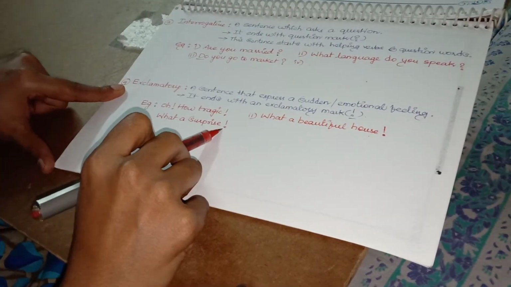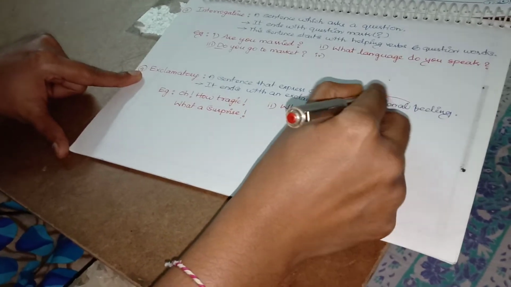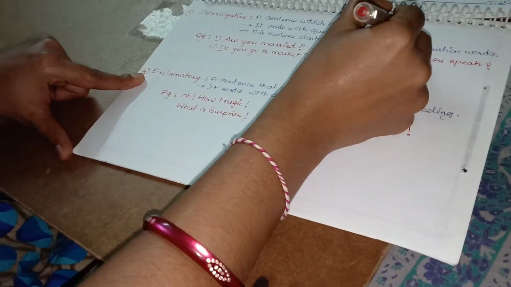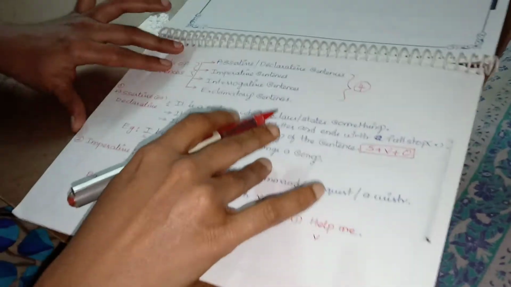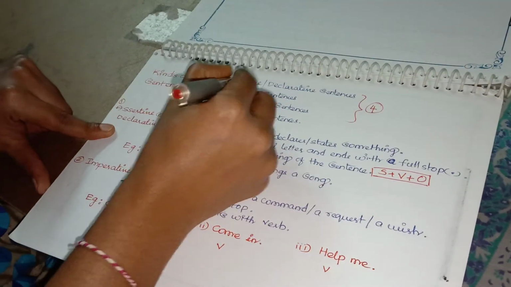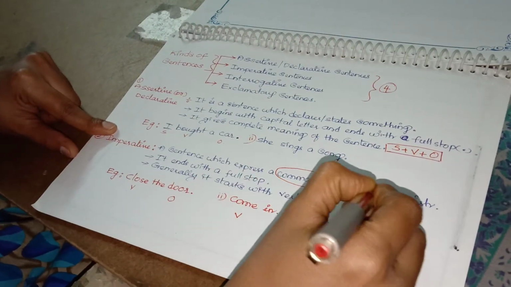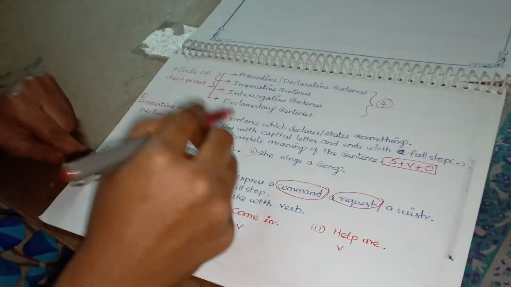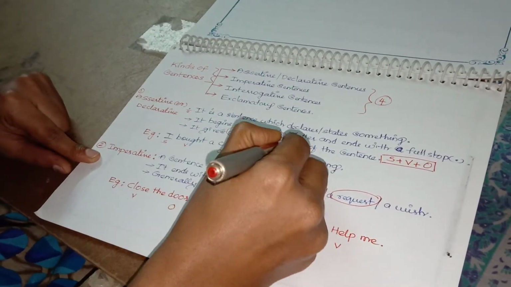Exclamatory, the exclamation symbol. So you have to underline these main parts: sudden emotional feeling. Here it's a question, you remember, like these questions. Commands, request, and it is a complete meaning sentence.